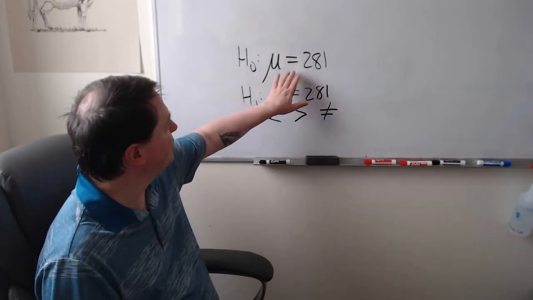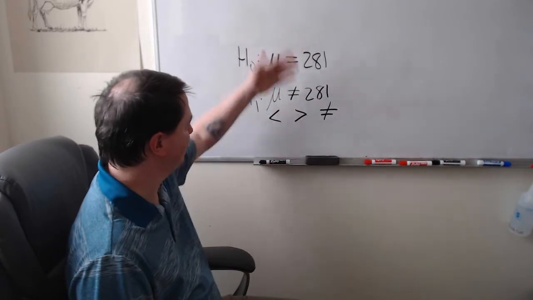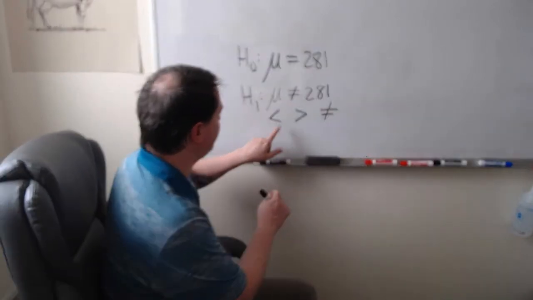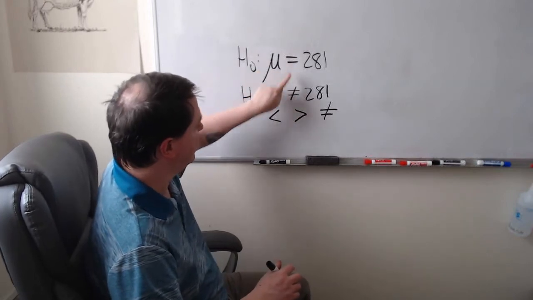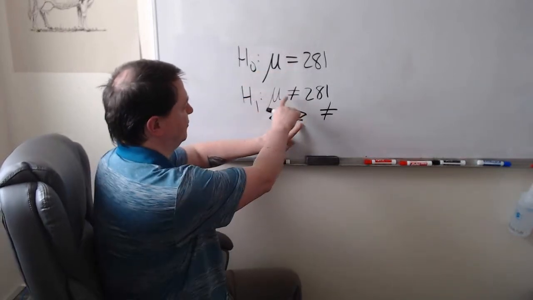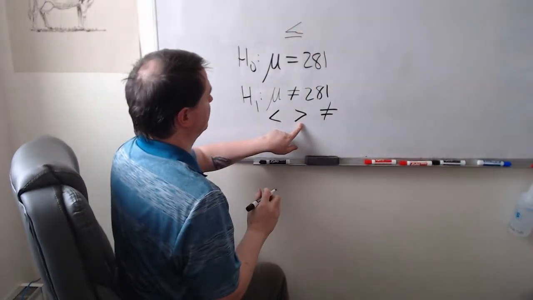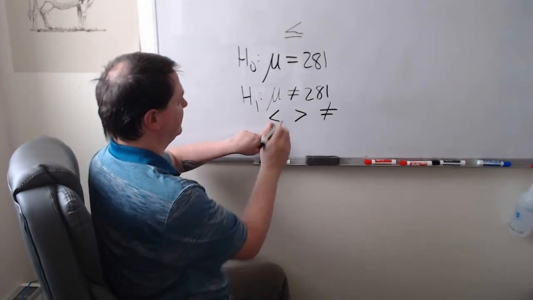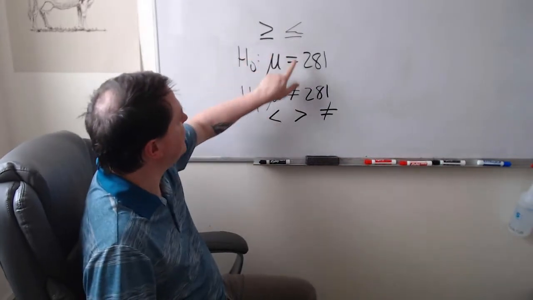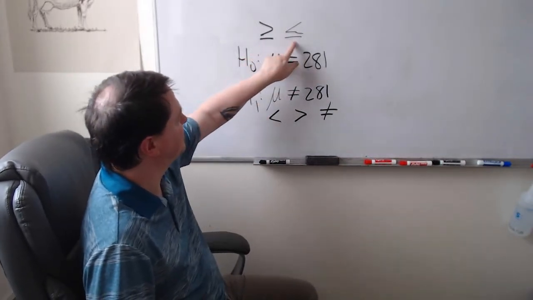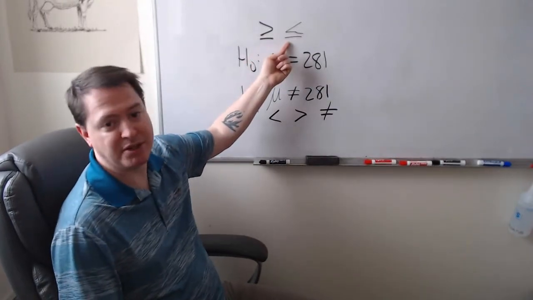And so what they will do is they'll make these actual complements of each other. So if you had used a doesn't equal sign, the complement of that is equals. If you used a greater than symbol for the alternative, they would have you use a less than or equal to symbol here. And if you would have used less than, then the complement of that would be greater than or equal. So they would allow any one of these 3 symbols in the null hypothesis. I can tell you from a philosophical standpoint, this is never something you assume.